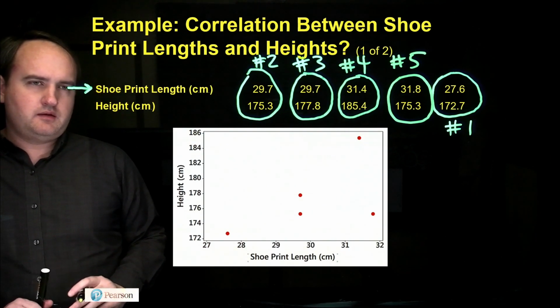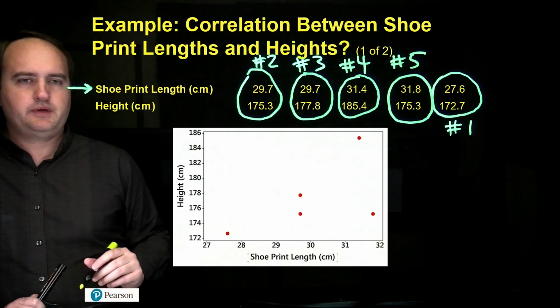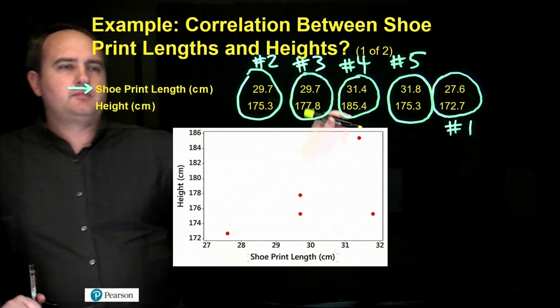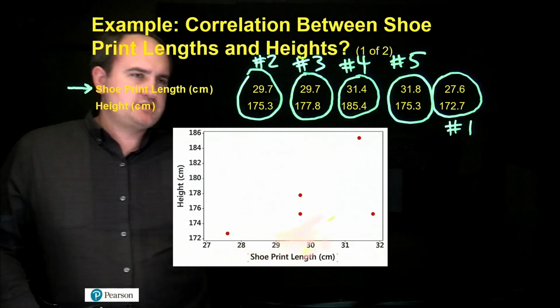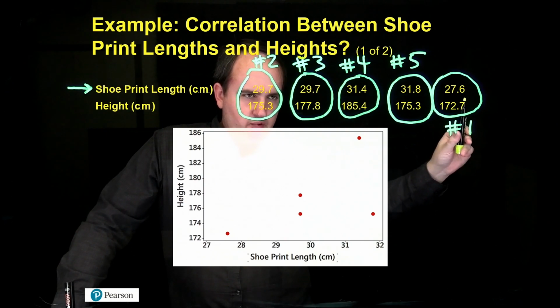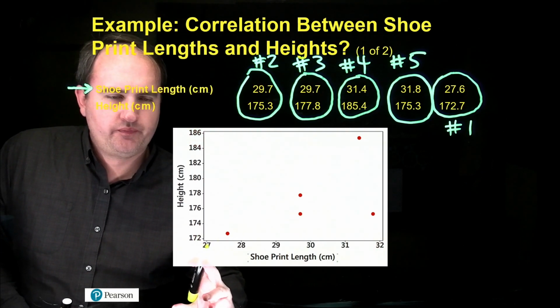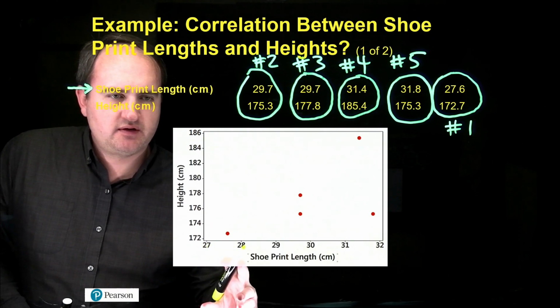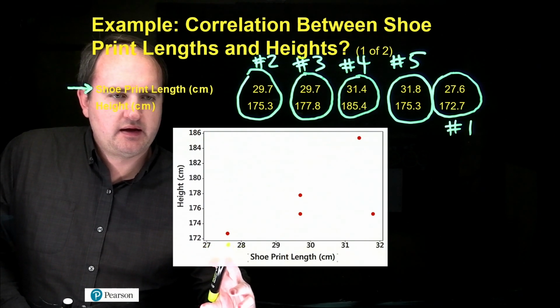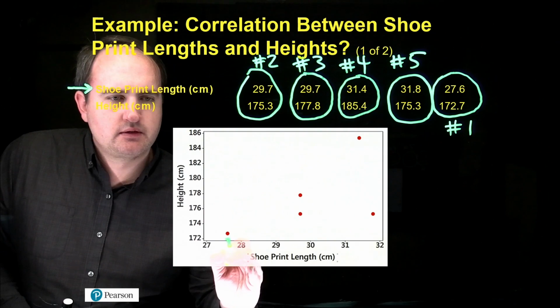Okay, and then you can either just rewrite the whole table, or you can just plot these one by one. So let's just look how they plotted number 1. So number 1 was 27.6 on the x-axis. So as you can see, here's 27, here's 28, and then that right there on the x-axis is about 27.6.